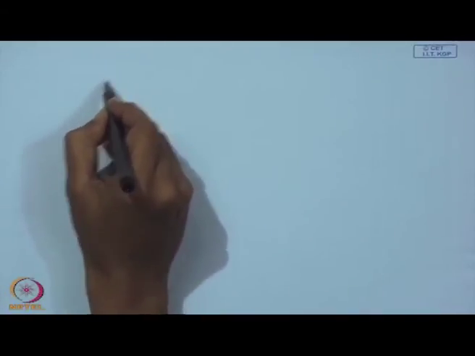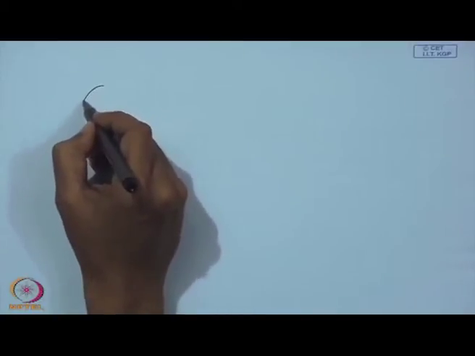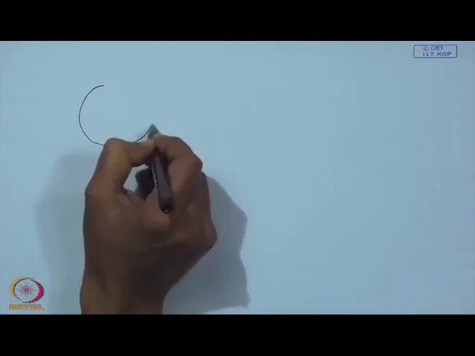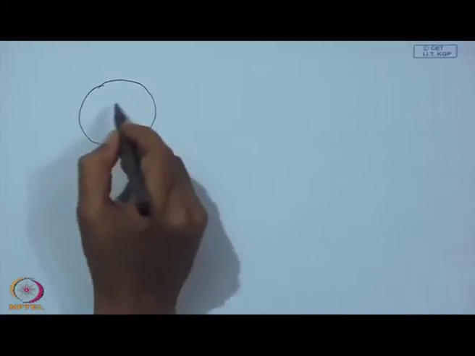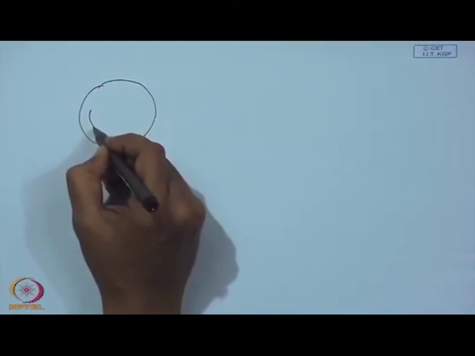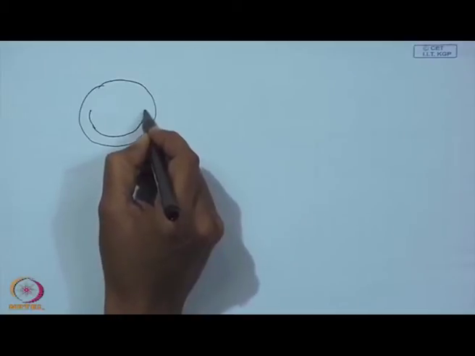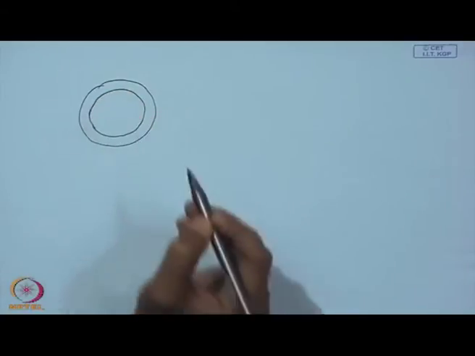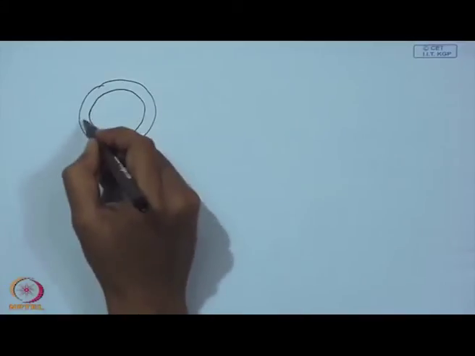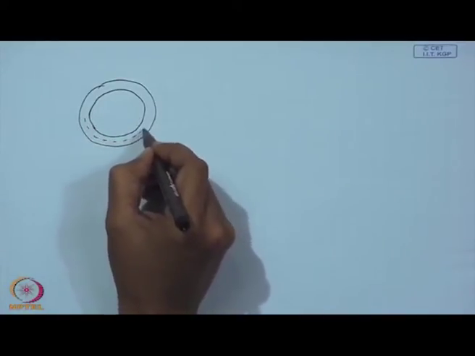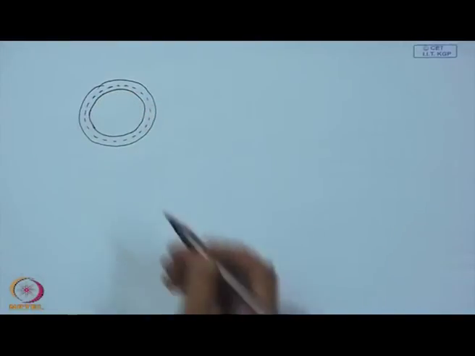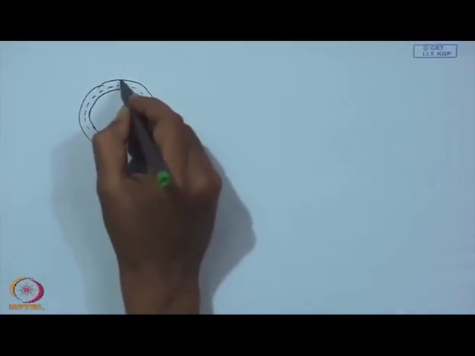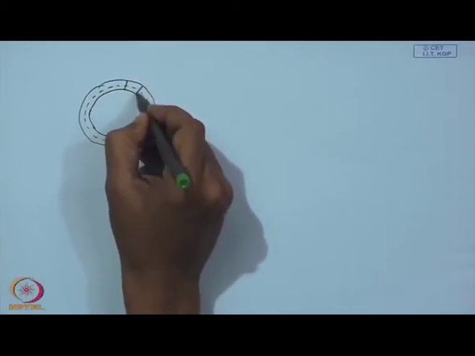So, let us consider this. Here I have drawn a ring really, but it could be a part of a ring. We consider a small element of this ring.